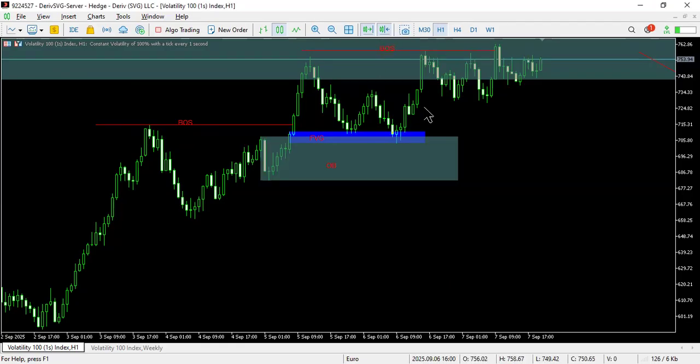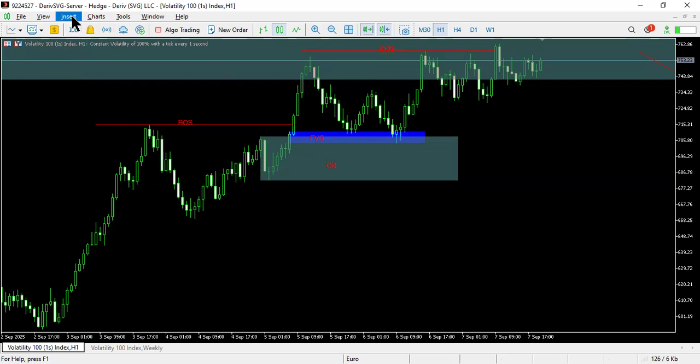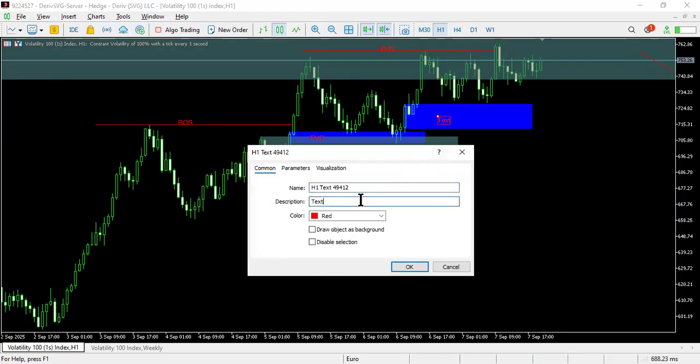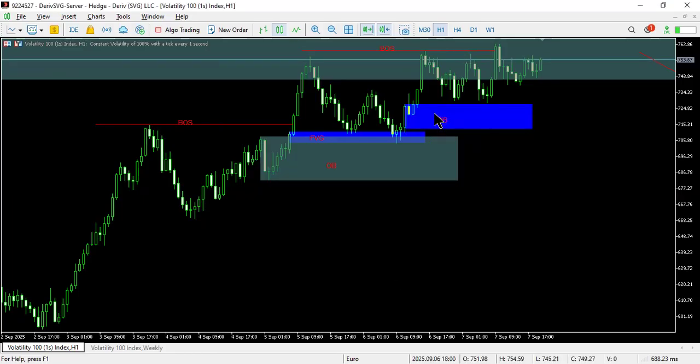And then that is the order block which caused that break of structure. However, price did not react from that order block.